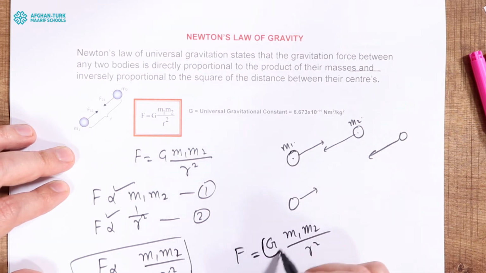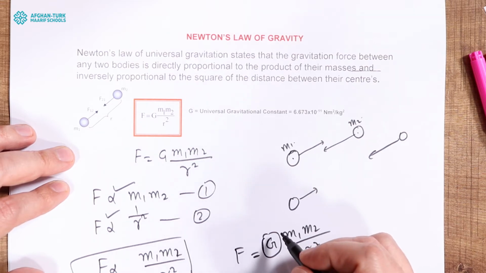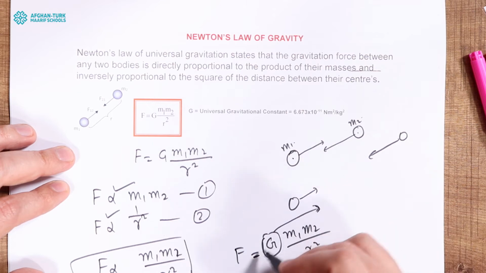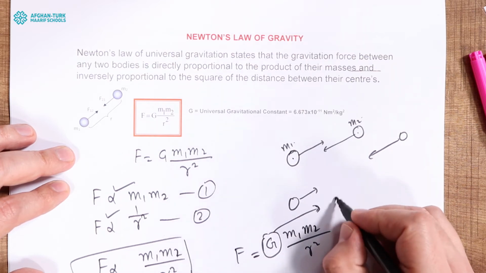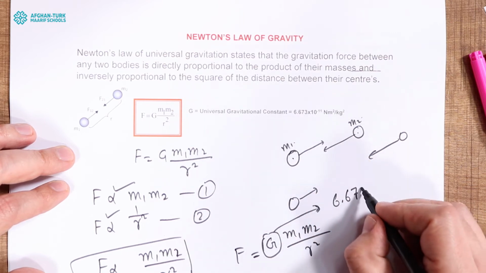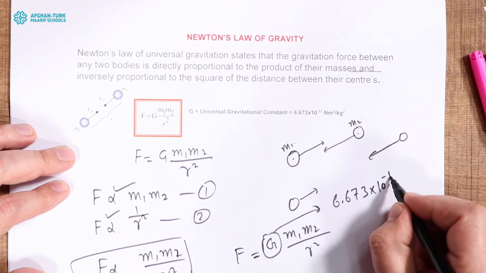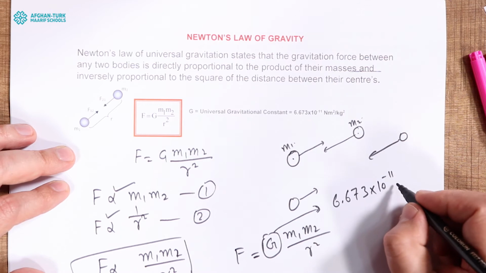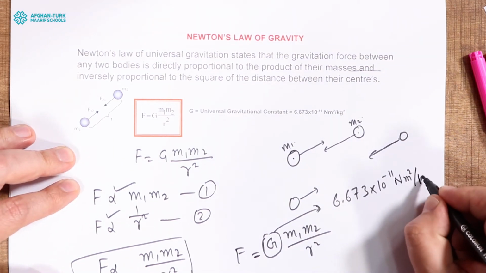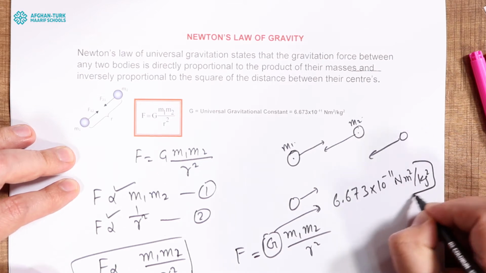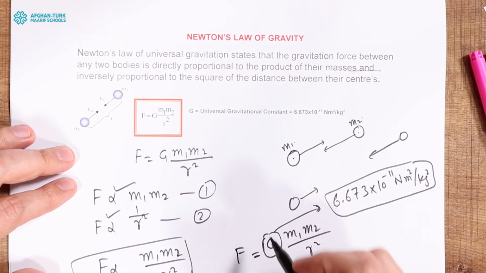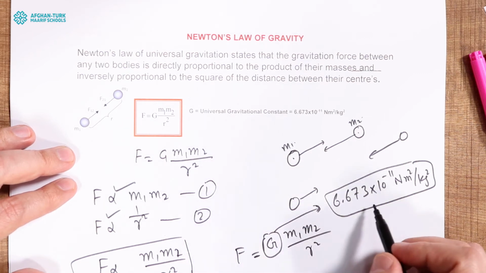This G is the universal gravitational constant, or simply the gravitational constant, whose value is 6.673 times 10 raised to the power minus 11 Newton meter square per kilogram square. This is the value of the universal gravitational constant.